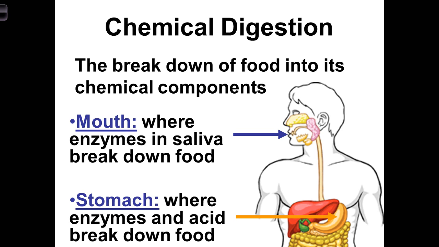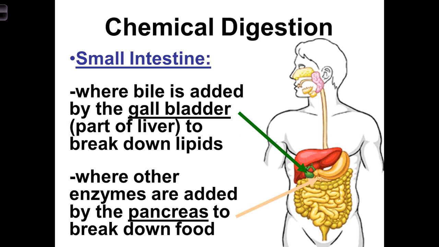In the start of the small intestine, the duodenum, just after the stomach, we actually have some more enzymes added, and we also get a bit of bile added from the liver, which helps to break up the fats, and then some enzymes will break the fats into their glycerol and fatty acids.